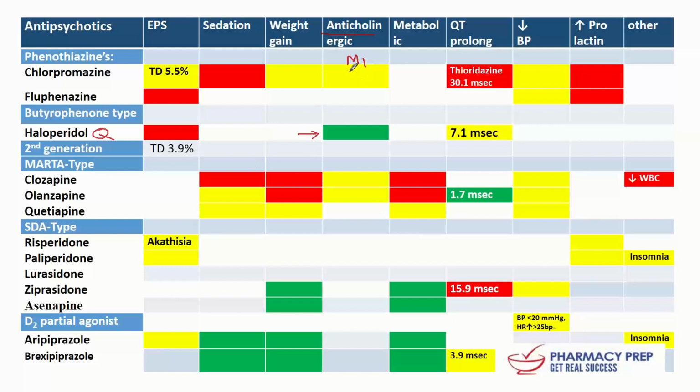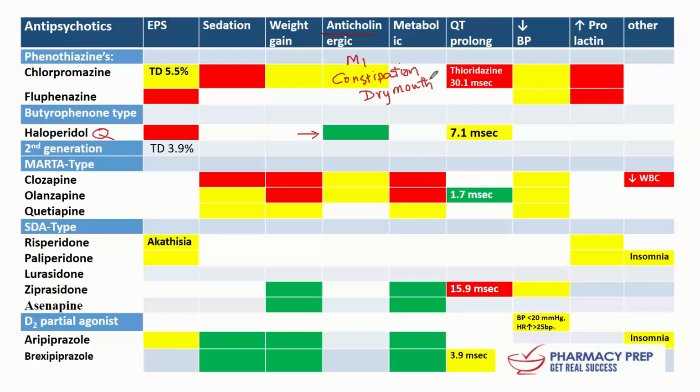Among the anticholinergic effects, obviously the patient may be experiencing constipation and dry mouth. These two are the big ones commonly seen due to muscarinic receptor inhibition. So these two effects are more common, and if a person is experiencing them, they can be managed.